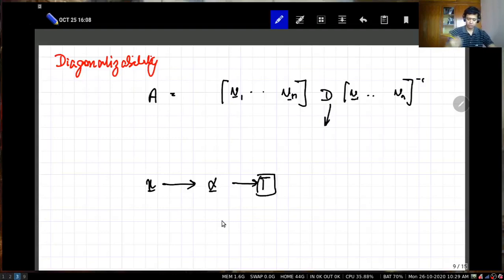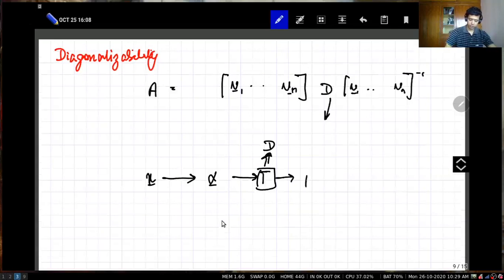Let's call the linear transformation T. Since this is in terms of the eigenbasis, it is a diagonal matrix, and we get the vector beta, and when we transform this back, with V, we bring it back to the standard ordered basis.